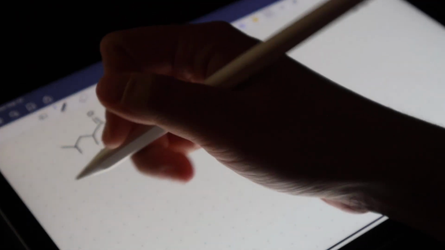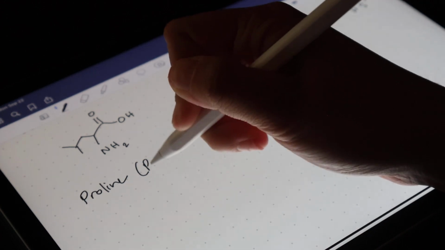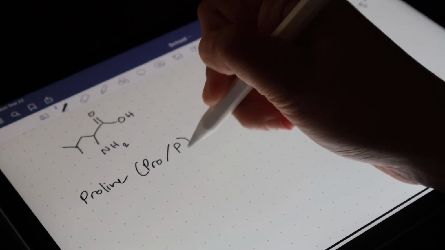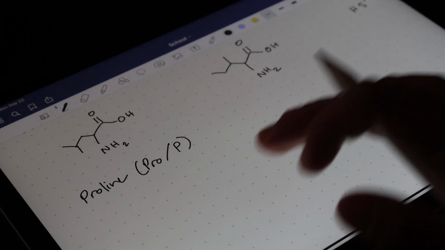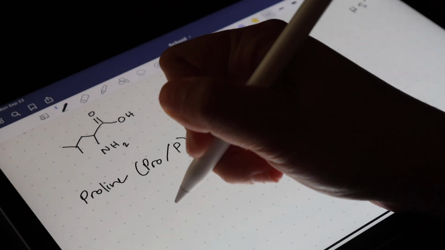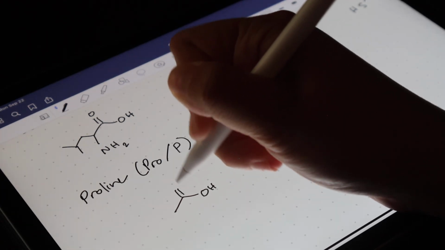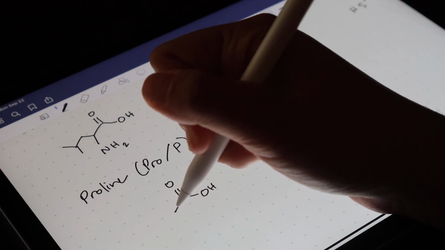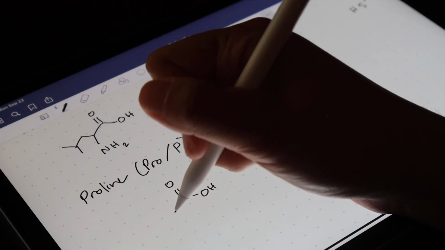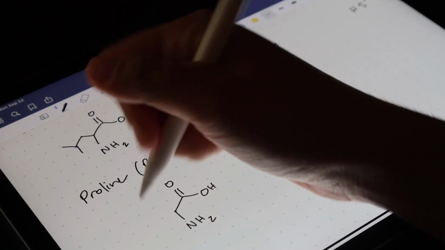Then we'll do proline, PRO, pro, P. Now this one you might have to bear with me because it's a little bit harder for me to draw. But start with our carboxyl, and then we're going to draw it H2.